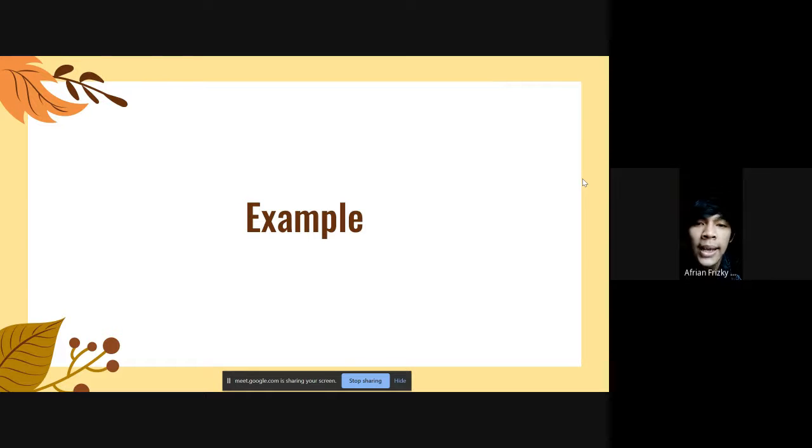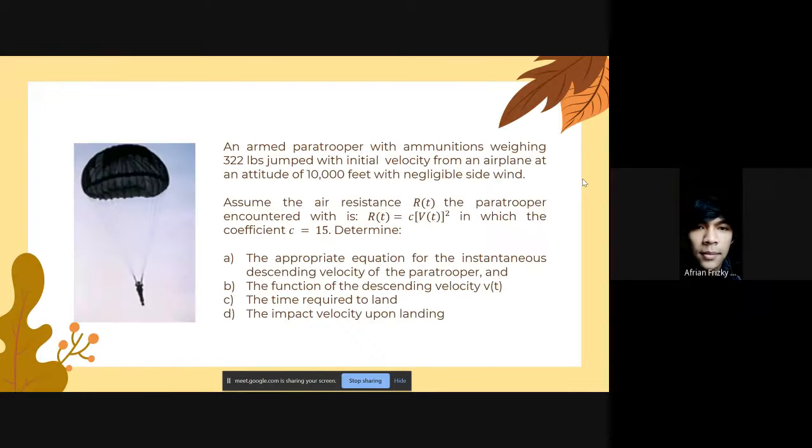The next is the example. An armed paratrooper with ammunition weighing 322 lbs jumped with an initial velocity from an airplane at an altitude of 10,000 feet with negligible side wind.